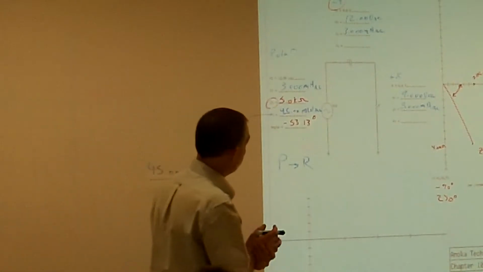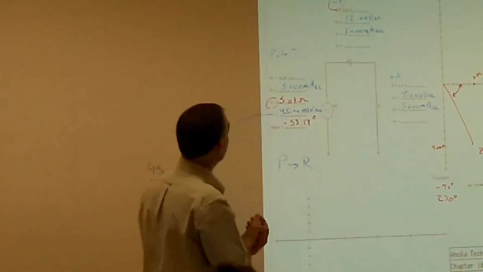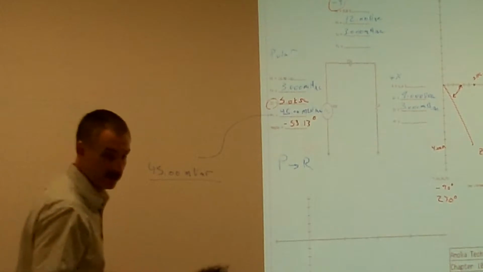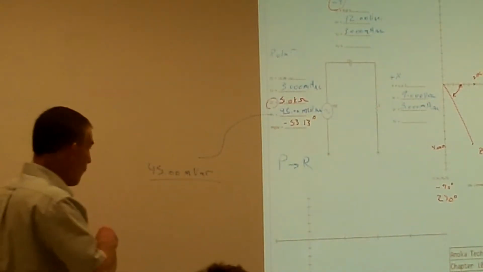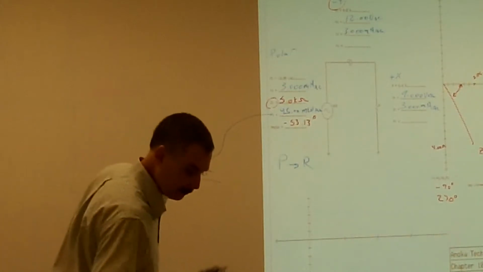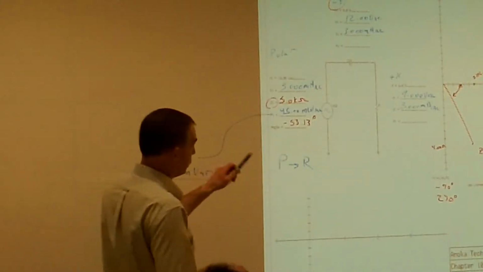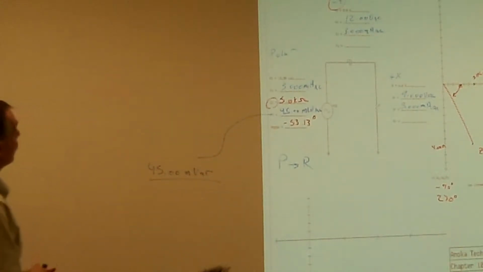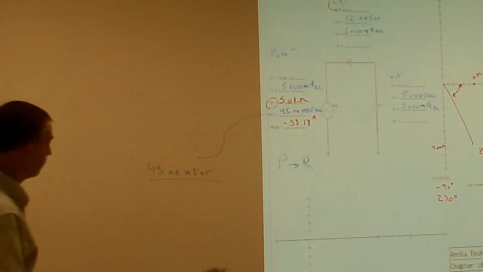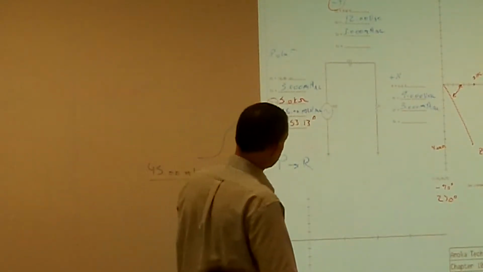And then what do you get for power of your resistor and power of your capacitor? If it feels a little chaotic, don't worry, we're going to do a couple more, but it's a little bit more complicated than the old series circuit that we did in DC. But we'll practice these things.